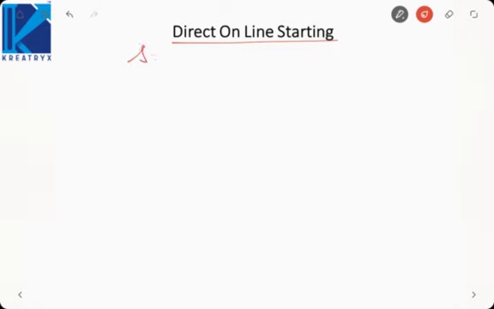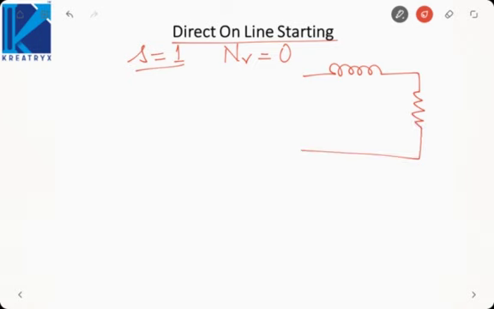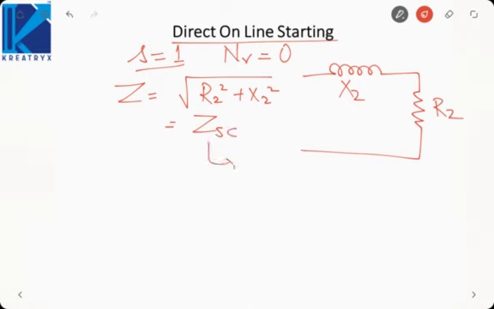At starting, slip will be 1, that is NR will be 0. So what will happen to the rotor circuit? In the rotor, R2 by S will be equal to R2. This impedance Z, which is the square root of R2 squared plus X2 squared, is called ZSC, the short circuit impedance.